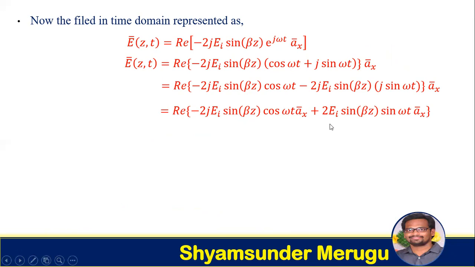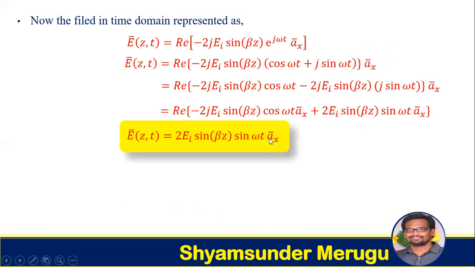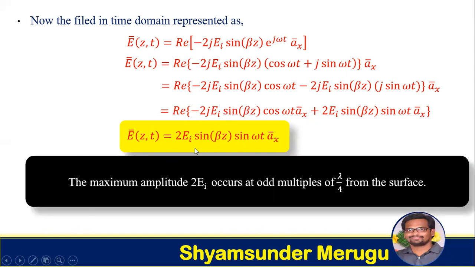And we are interested in extracting the real part, so that it gives us E̅(z,t) equivalent to 2E_i sin βz sin ωt x̅. And the other term is the imaginary part, which we are not interested in.